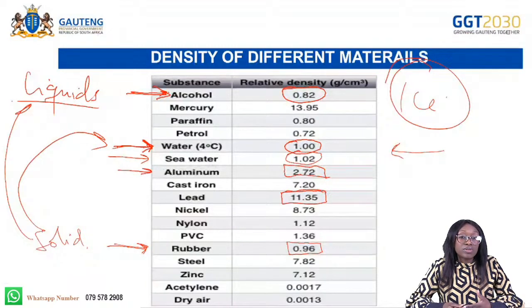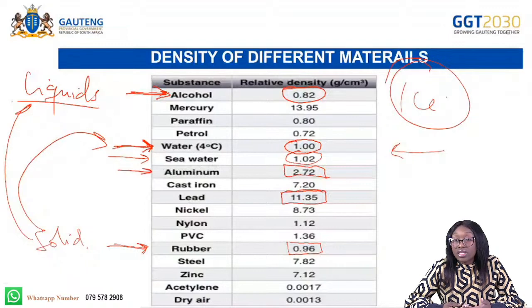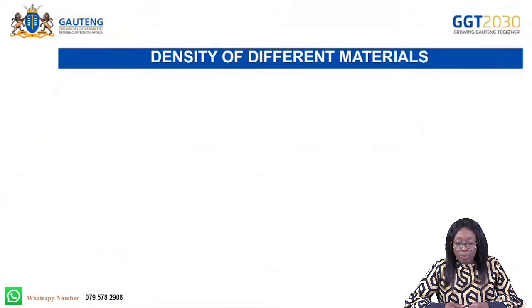So different substances have different densities, and it all depends on the type of particles that make up that material and the spaces that exist. How big are these spaces that exist between the particles?